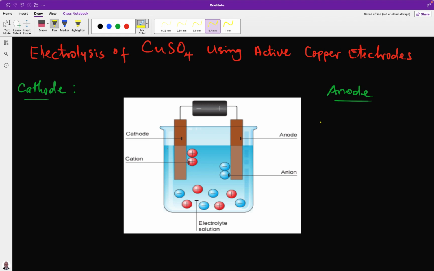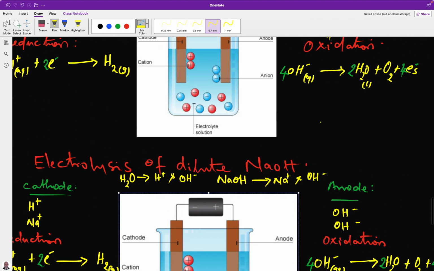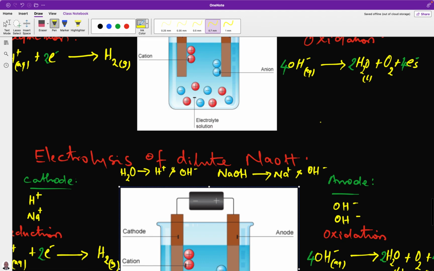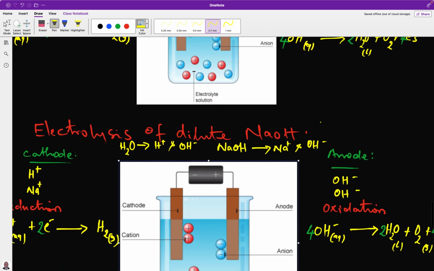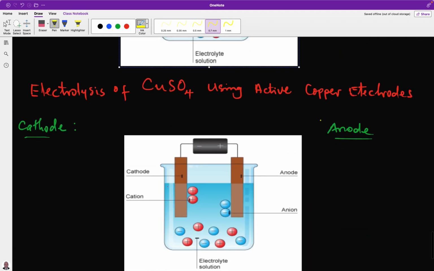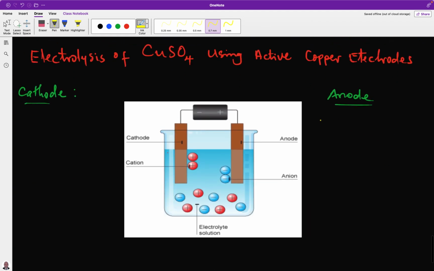You should remember that all we have been using right from the onset are inert electrodes. The cathode and the anodes are inert. They don't react. So now we are going to deal with electrodes that are active.